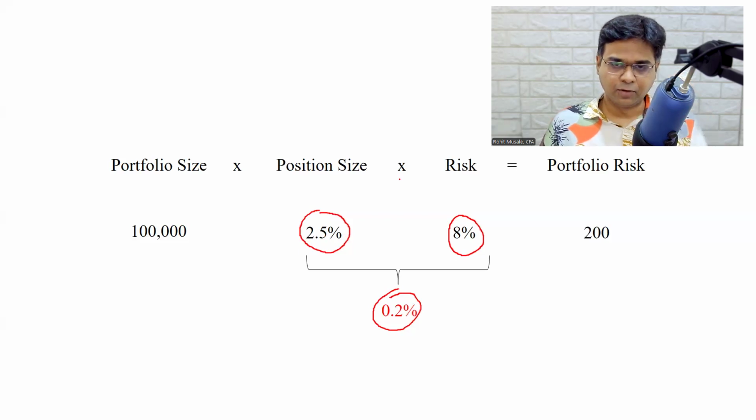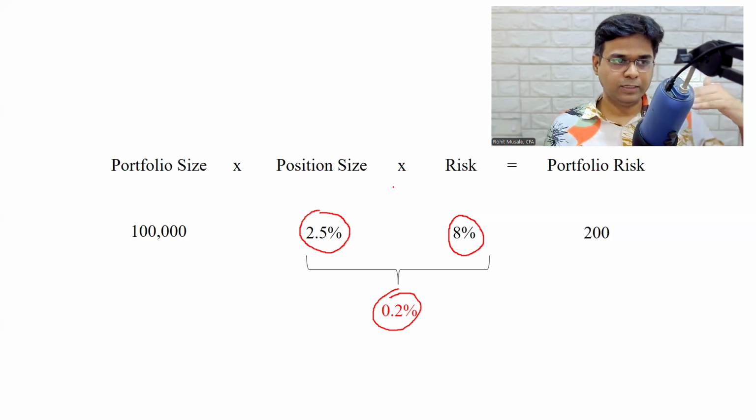What I'm trying to say here is you can play around with the position size and with the stop loss level, provided that your overall portfolio risk, the amount of money that you are putting at stake on a particular trade, is predefined. Mentally, you know how much money you are going to lose in that stock.